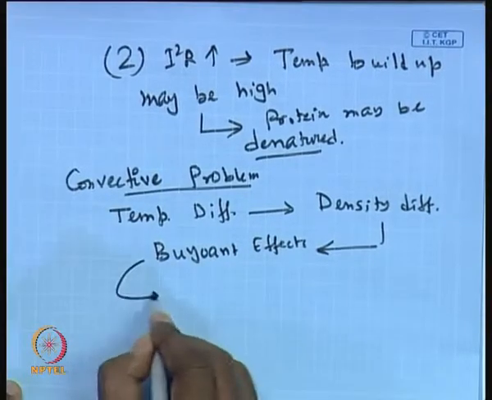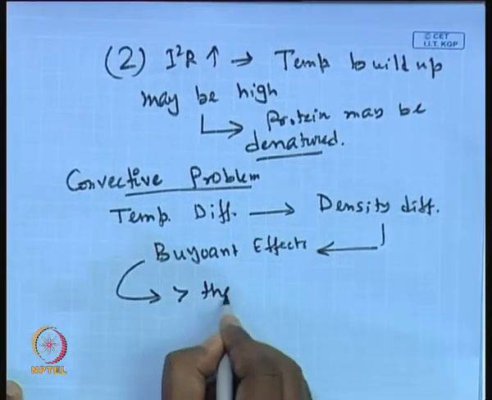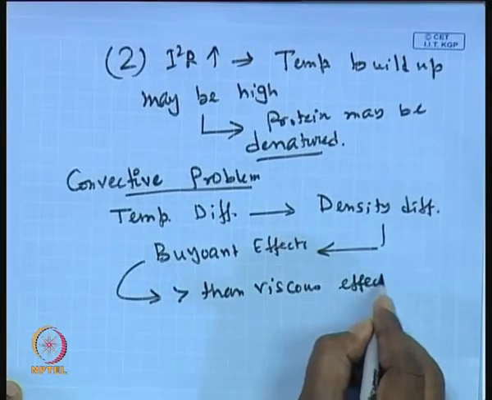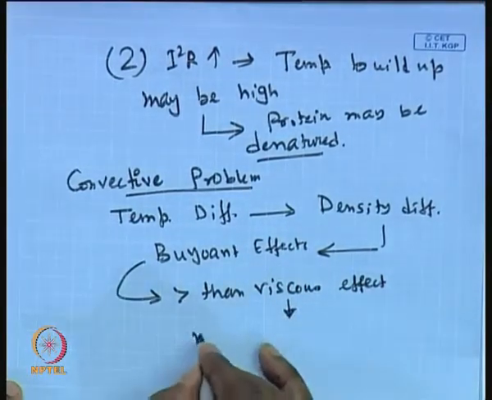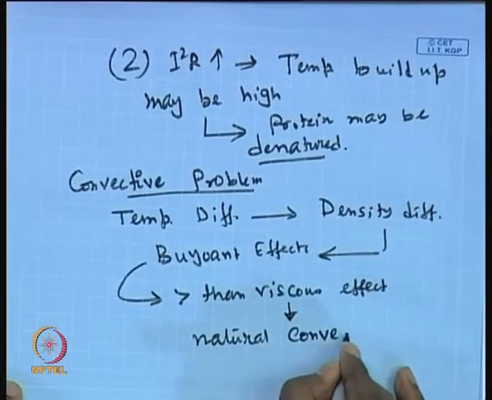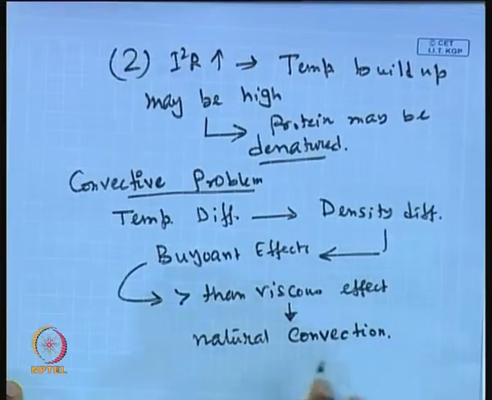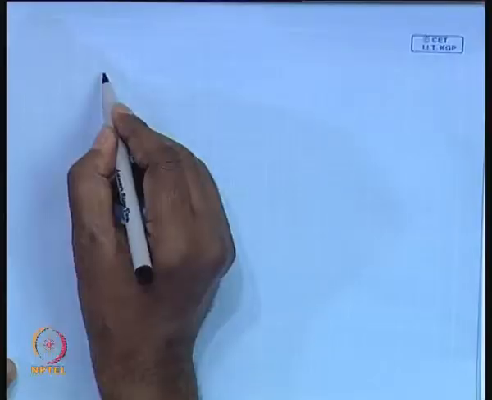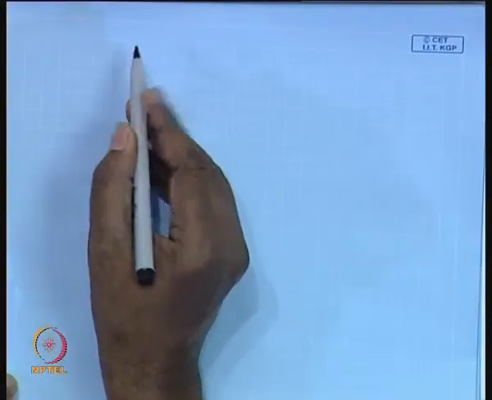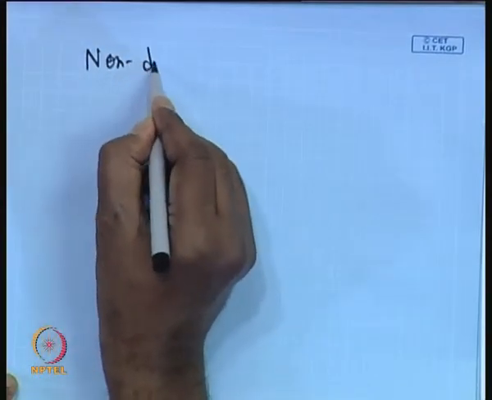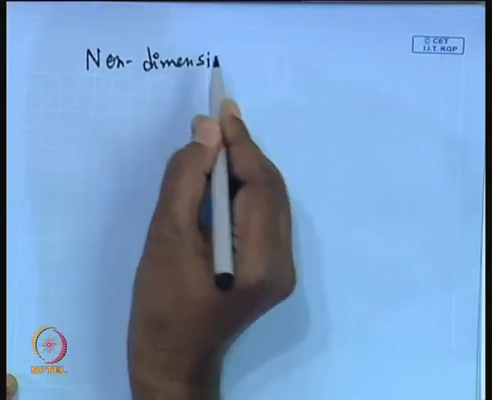If it is more than the viscous effect, then you will get the natural convection type of circulation. Okay. So, the density difference can be written as, so this will basically lead to a non-dimensional number. The non-dimensional number, the Grashof number, becomes very important.